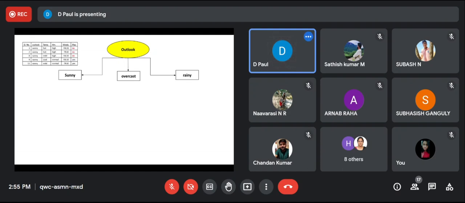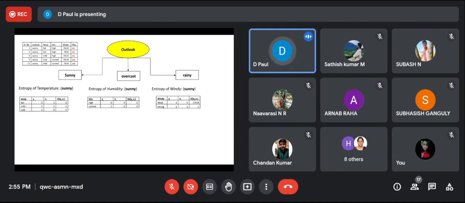Under sunny, we have 3 no and 2 yes. In the same way, we are going to calculate under sunny the entropy of temperature, humidity, windy. Under temperature we have hot, mild, cold. So we are calculating the information gain and the entropy for temperature, humidity, and windy.